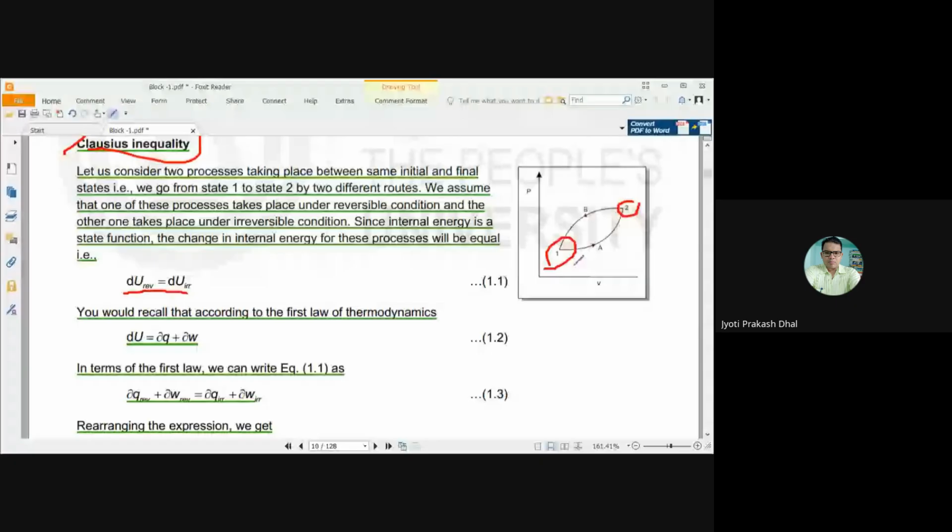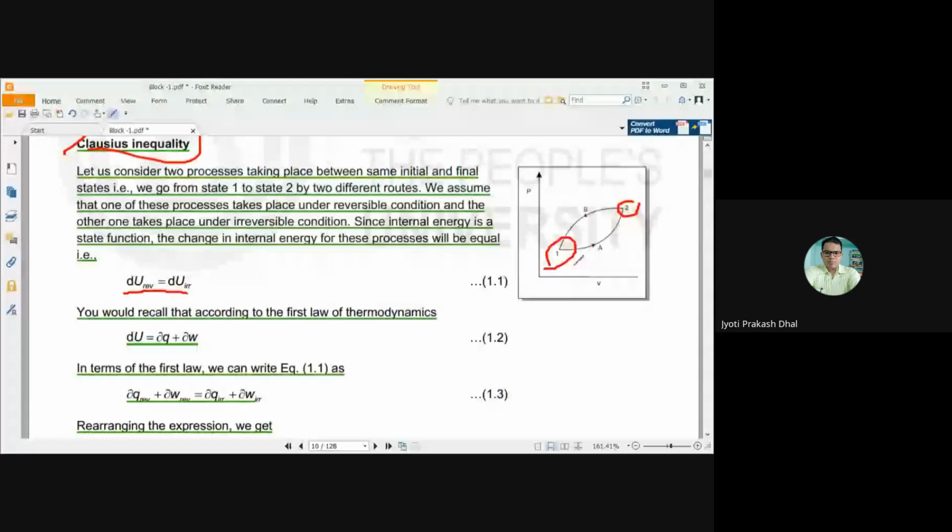Again, according to the law of thermodynamics in chemistry, we should assume that when work is done on the system, that is positive work, and if work is done by the system, that is negative work. So dw represents work done on the system, and the work done on the system is positive.